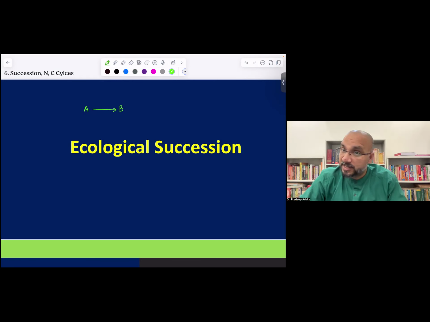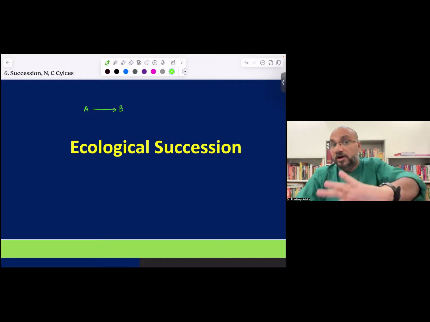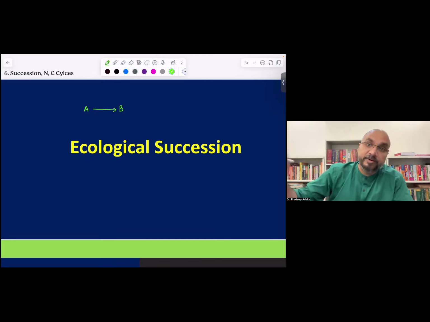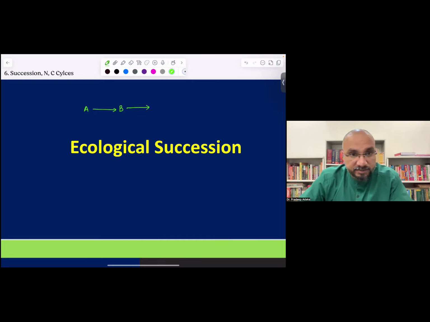A species शुरू में था, but as the A species continue to live in that environment, it is also interacting, and it has changed the environment to such an extent that it is no longer favorable for A, it is favorable for B species. So B species will remain in this environment for certain period of time. It will also have its effect, it will also change the abiotic factors.